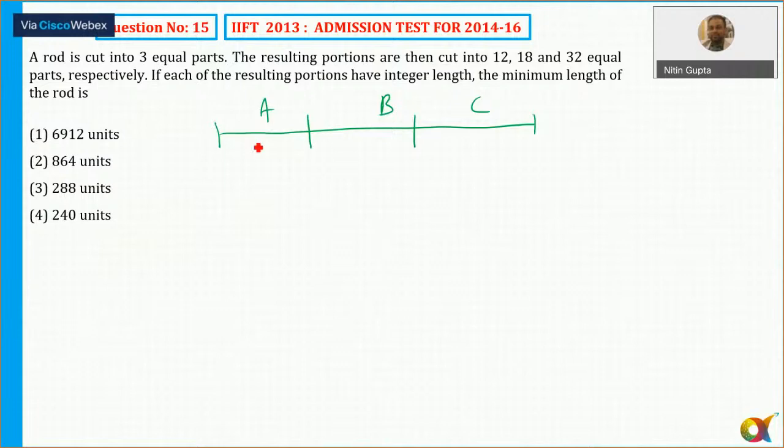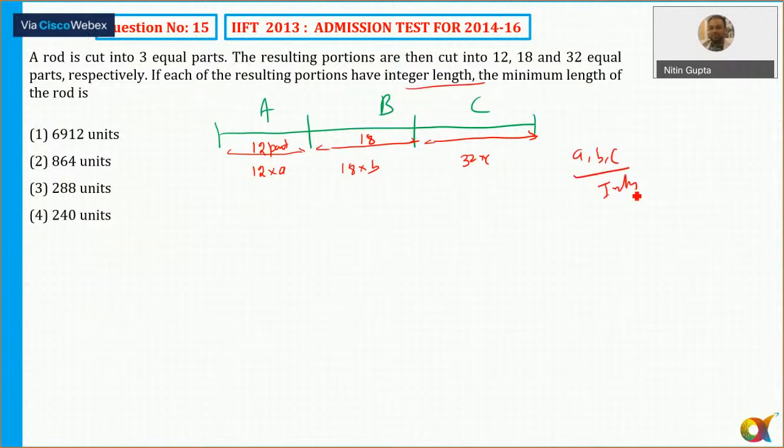Part A को 12 small में, part B को 18 small में, तो total तो 18 parts, part C को 32 parts. If each of the resulting portion is of the same length, find the minimum length of the rod.